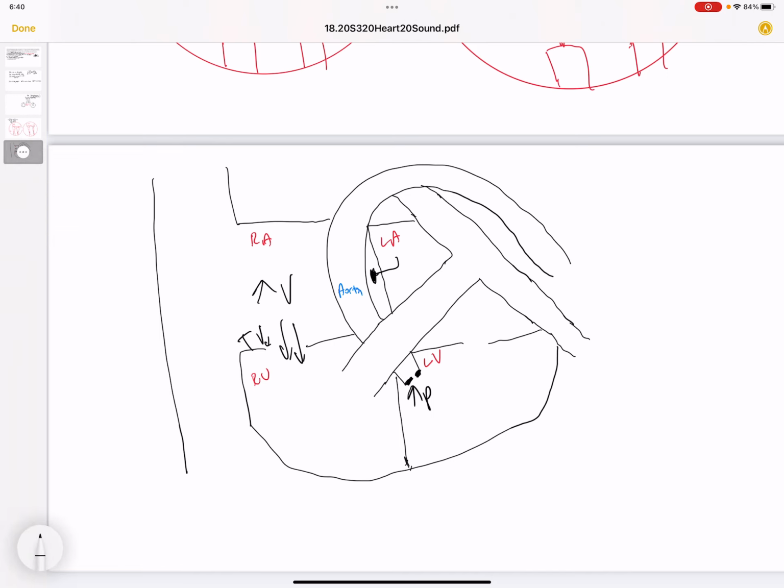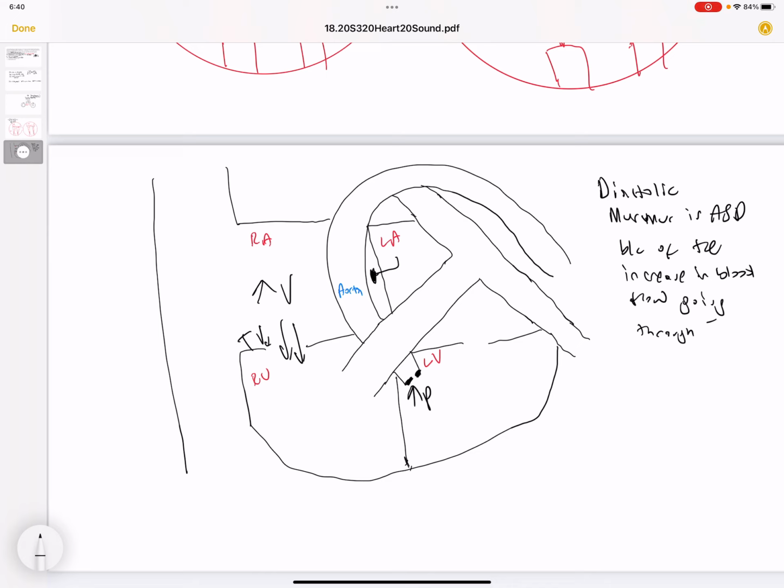As a result, that is going to cause a murmur. So we have a diastolic murmur in atrial septal defect because of the increase in blood flow going through the tricuspid valve. And it is a diastolic murmur because the tricuspid valve is open during diastole.